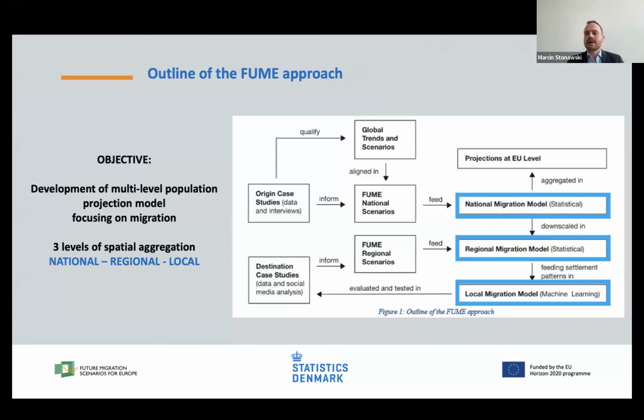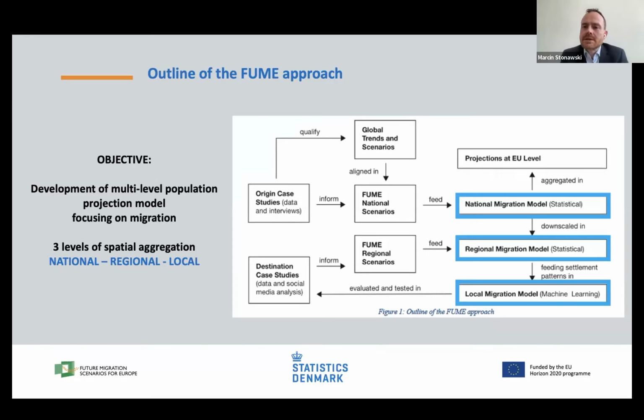So as you heard during this entire day from my colleagues from the project, we have this approach of three-level projections. We start with the national level with many different variables, including not only age and sex, but also education and country of birth.